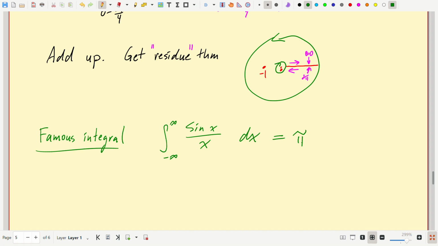That's a famous integral, and it's a famous integral from freshman calculus too, because it's not absolutely integrable. It's conditionally integrable.